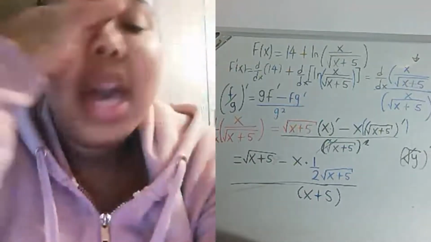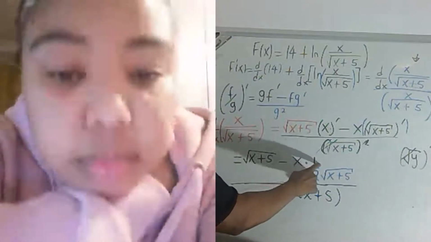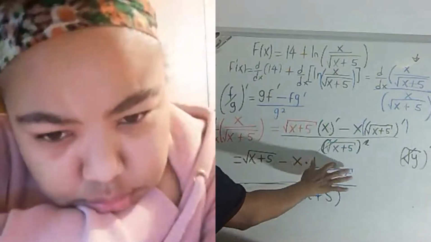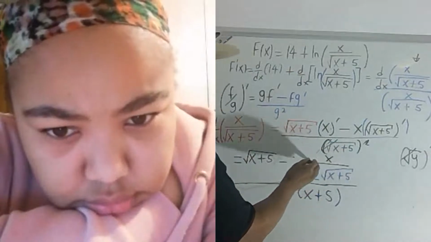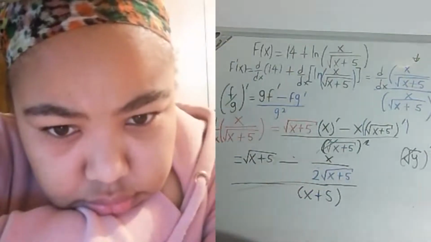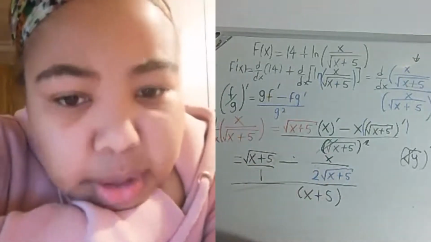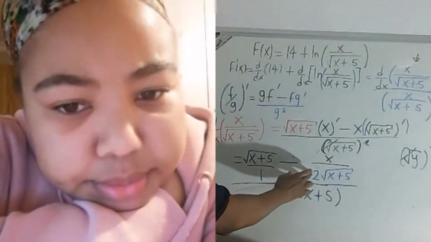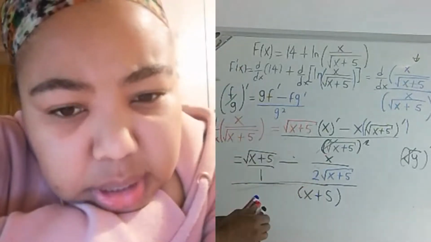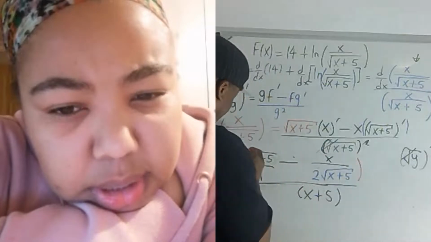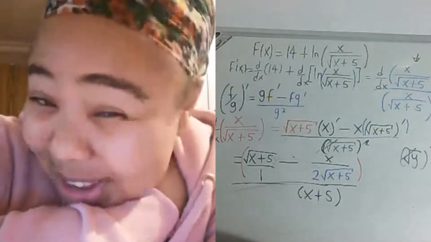Okay. Now, here you have an x times 1 over 2. So you can simply say x on top. x times 1 is just x. And I can put this over 1 because we want to be in a good form. So we want to find the common denominator here, x plus 5.